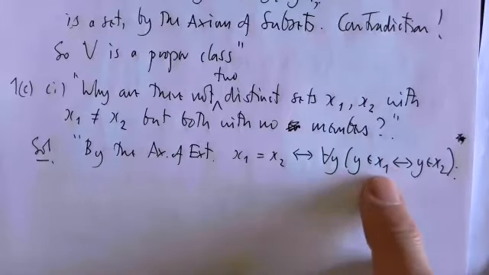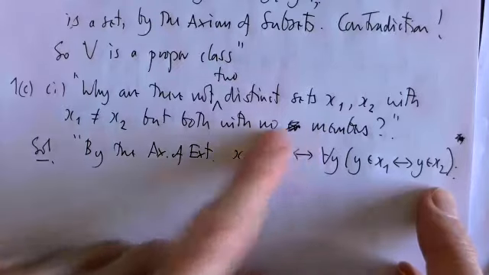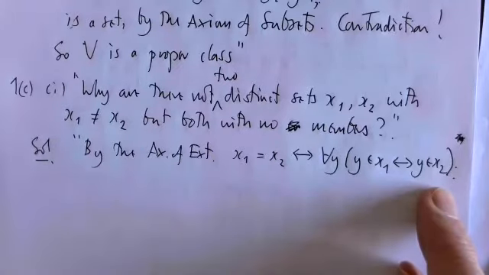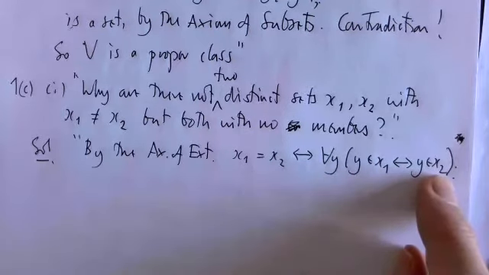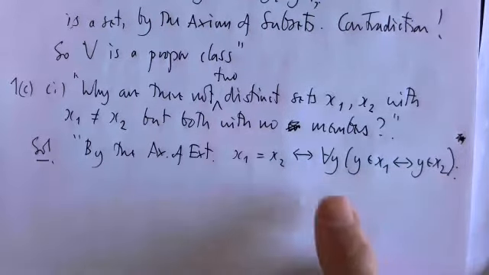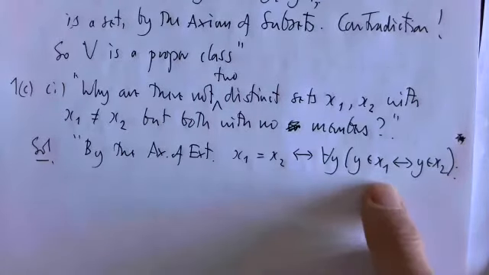Of course, x1 and x2 don't have any members. That's their defining property in the question. So an implication like this is always vacuously true. For any y, if it's in x1, then it's in x2. But this never happens because there isn't such a y.